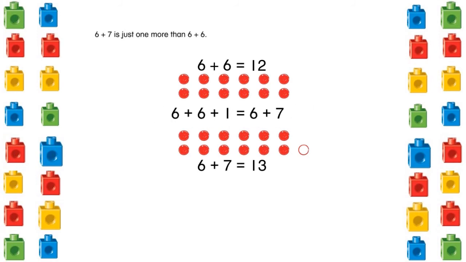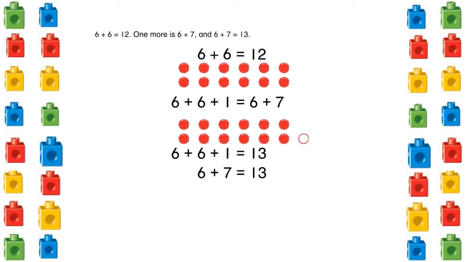6 plus 7 is just 1 more than 6 plus 6. 6 plus 6 equals 12. 1 more is 6 plus 7, and 6 plus 7 equals 13. How do the pictures help make this a good math argument? The pictures make the explanation easier to understand.